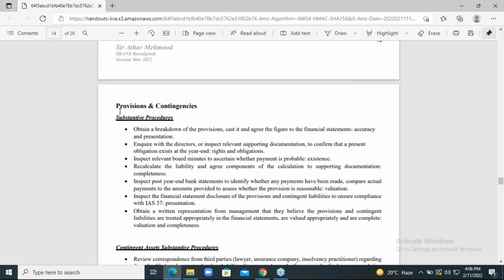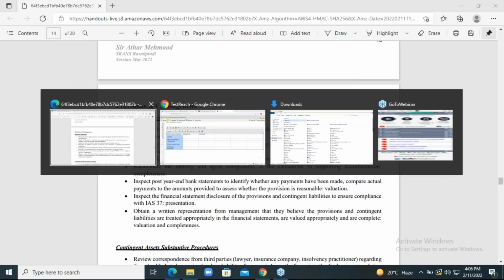Now, as far as provisions and contingencies are concerned, let's think of the relevant audit risk. When the examiner used to ask that there is a case on the organization and we may have to pay 3 million, or we have made some of the employees redundant and we may need to pay 2.5 million to these redundant employees, what was the risk that you identified at that level?